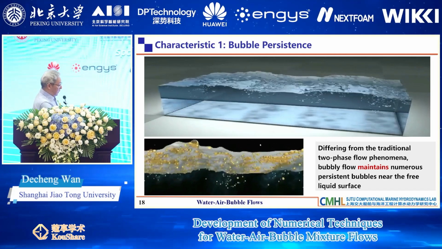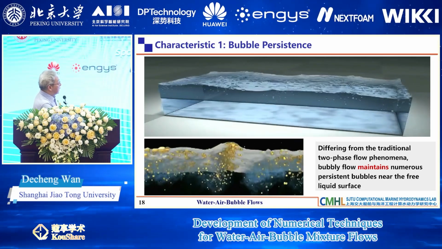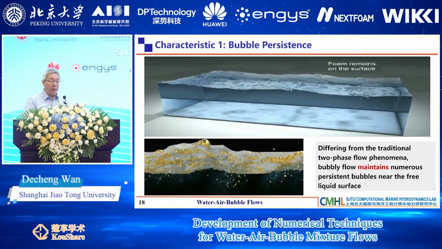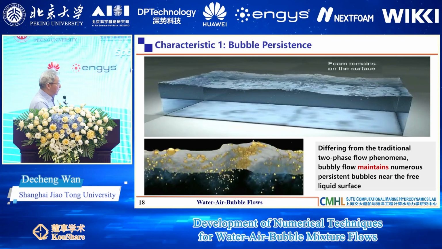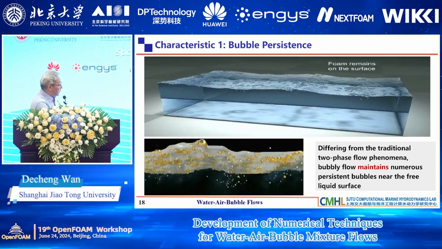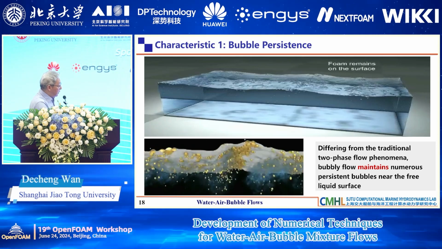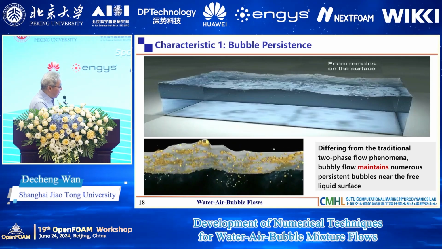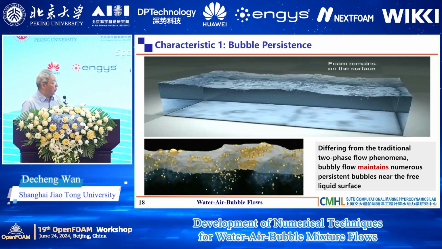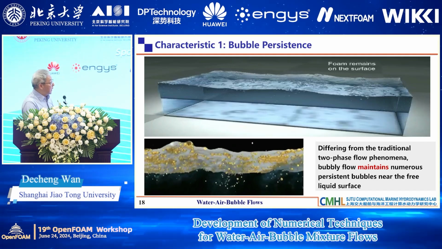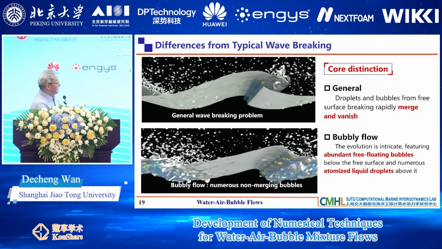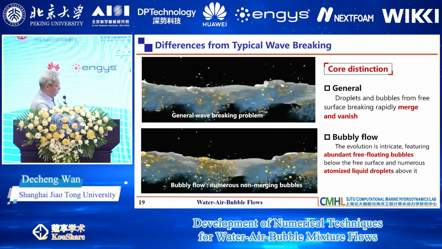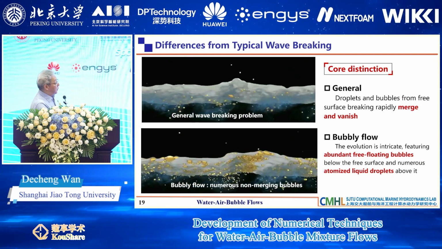But anyway, here I show you one example. The first characteristic is the bubbles should be persistent, always staying in the water. Even with the breaking, there are a lot of bubbles entering the water, and the bubbles are always kept in the water flow. In other cases, usually with breaking waves, the bubbles will disappear.